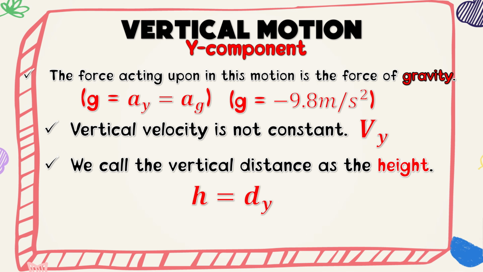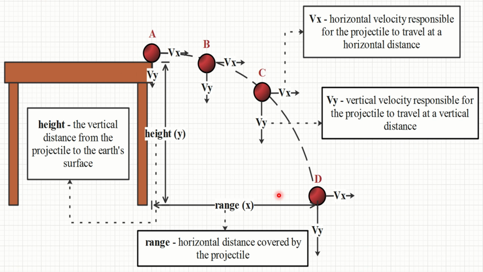For you to understand more, let us have an example scenario. This is an example of a horizontally launched projectile. Suppose you roll a marble on a frictionless table. Observe the motion of the marble as it goes down the floor.